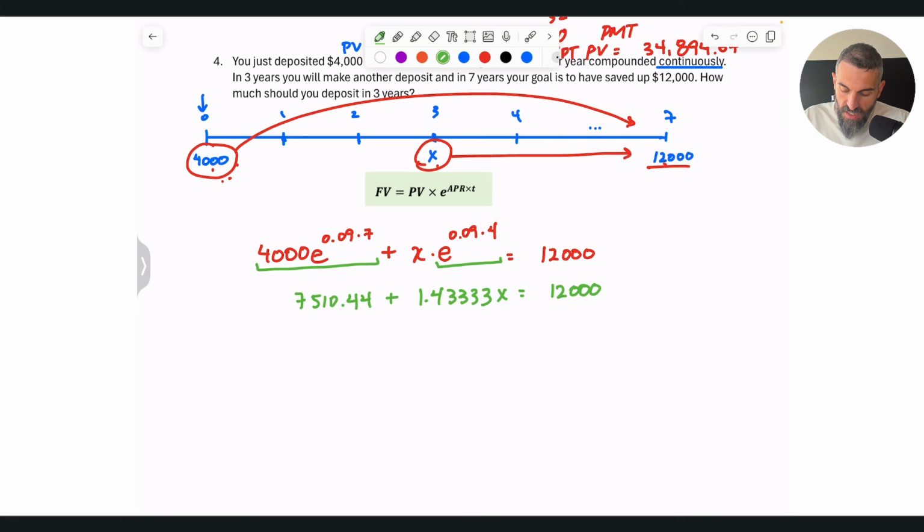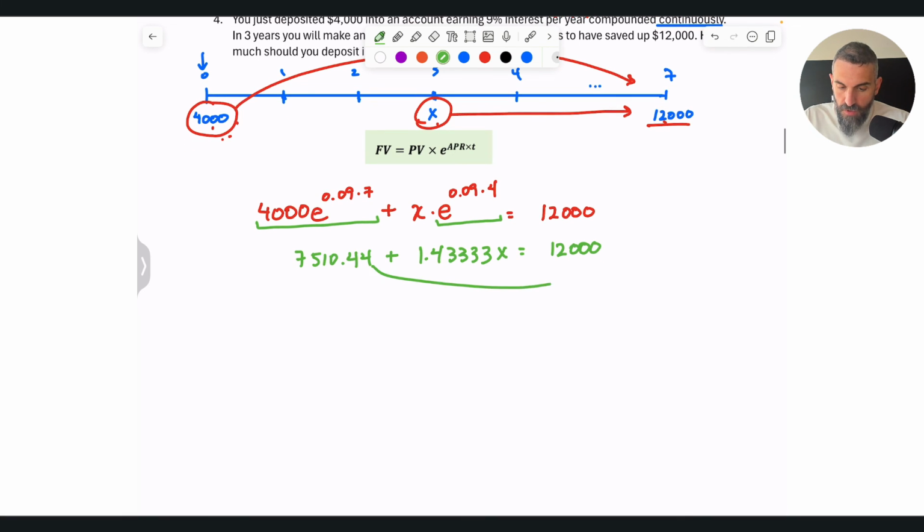And now we just keep working it down, right? So we'll bring this over. So 12,000 minus 7,510.44. Now I've got 1.4333 X equals 4,489.56. And I'll divide that by 1.4333.